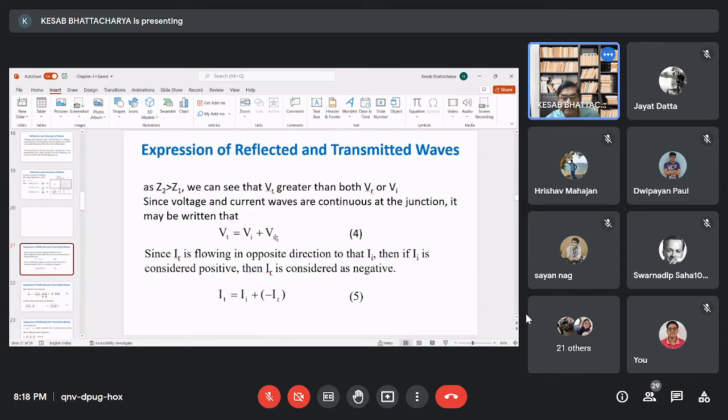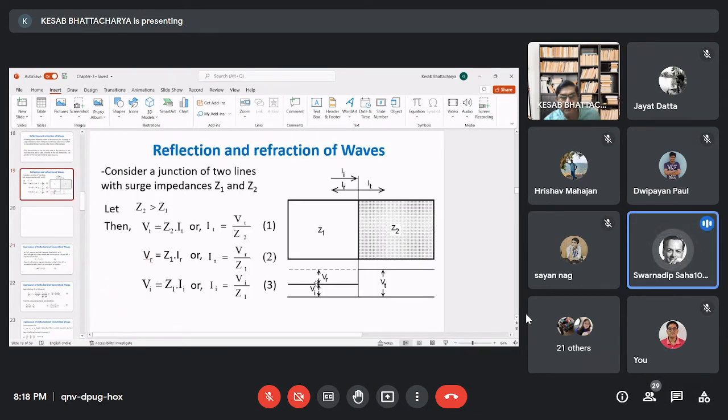Sir, I cannot understand equation 4. Now, here what happens? This is the incident voltage. At the junction, a part of the voltage will be transmitted forward, and part will be reflected back. Now, what will be the net voltage at the junction?